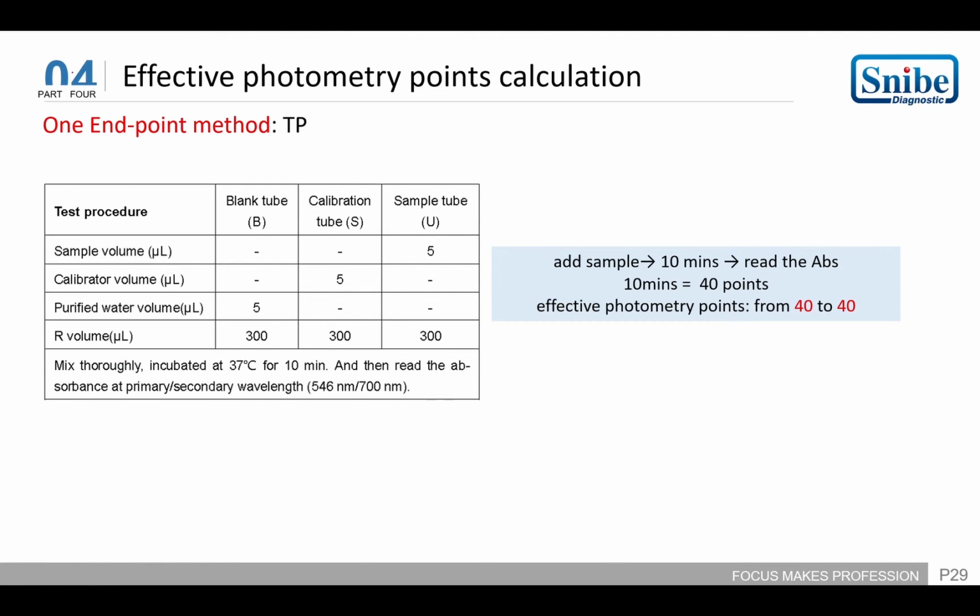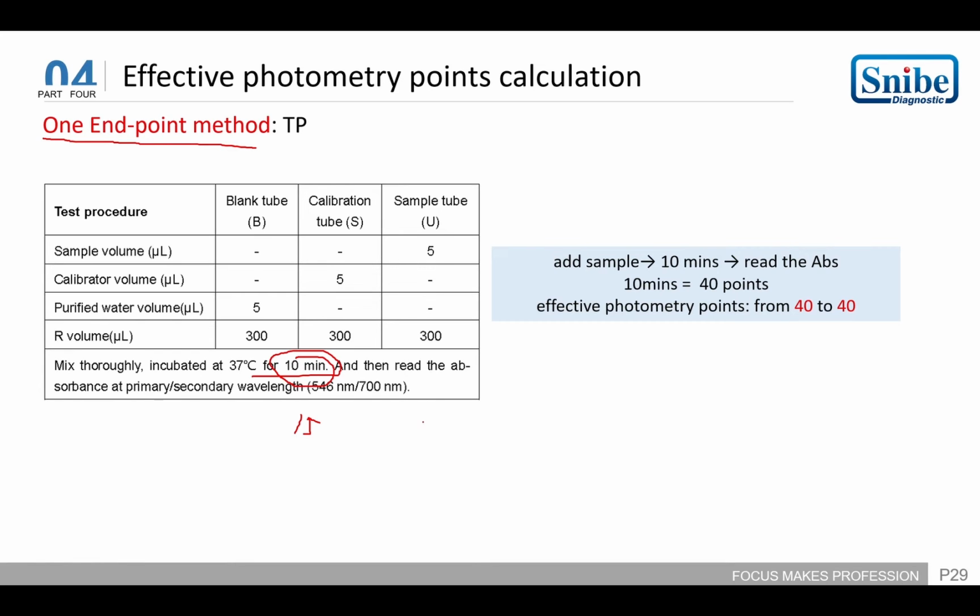The first one we will talk about is the one end point measure. This is the chart to show us the procedure. As we can see, they add the sample and then mix, roughly incubating at 37 degrees for 10 minutes. So this is the time we use to calculate. We know one cycle is 15 seconds.